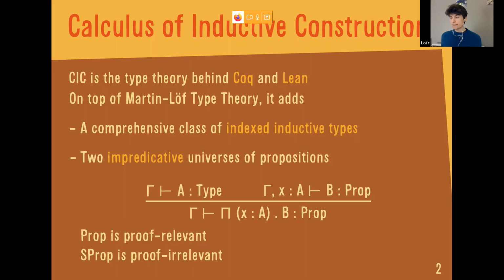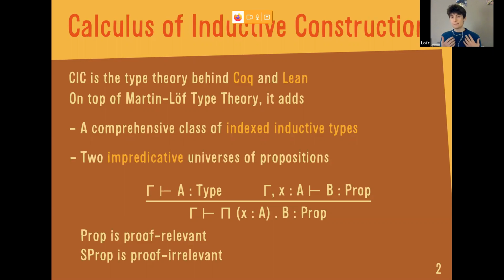On the other hand, we have the calculus of inductive constructions, which is the type theory that underlies both the Coq proof assistant and the Lean proof assistant, with minor tweaks on both sides, but this is not very important. The calculus of inductive constructions is a very powerful type theory, comparable to classical set theory in terms of logical power.